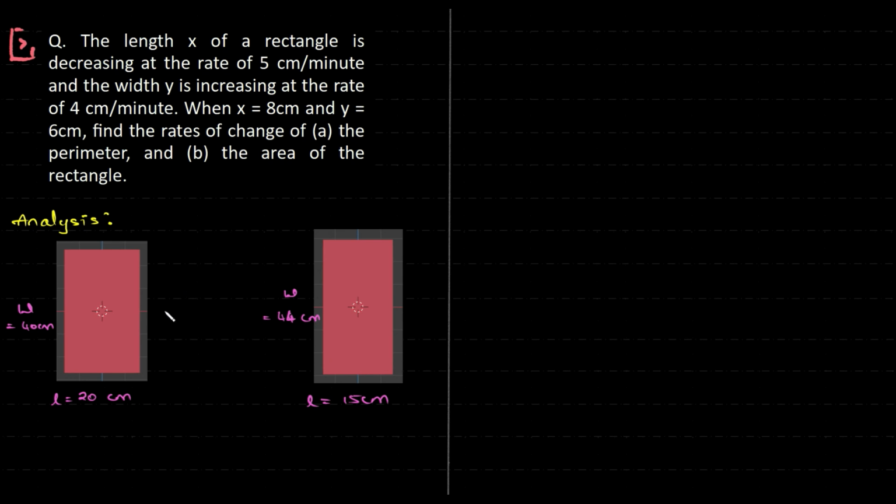All of this is happening within a fraction of a second. So this is what you guys have to understand. This transition is happening within a fraction of a second. Right? This is what is given. The length is decreasing while the width is increasing.